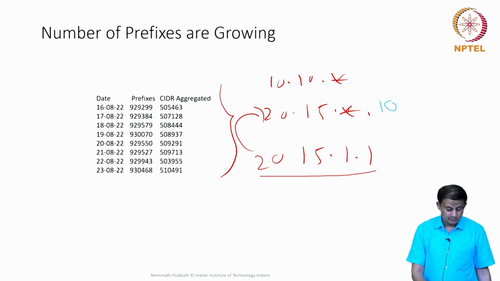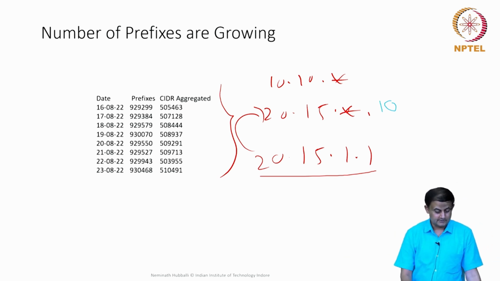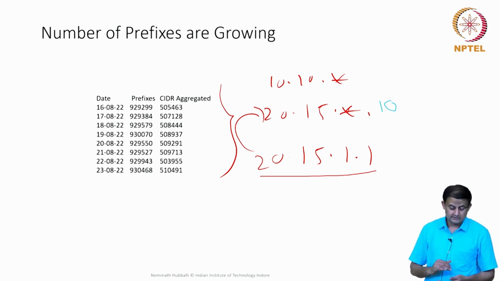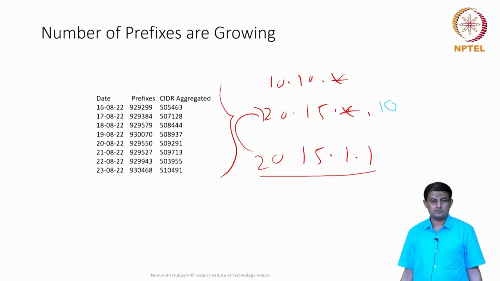As you can see, over a period of time from the 16th to the 23rd, from 9,29,299 on the 16th of August, you see 9,30,468 as of the 23rd of 2022. What it means is that the number of prefixes is going to increase over a period of time.